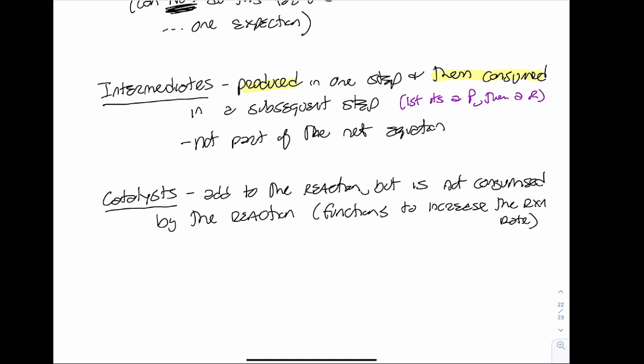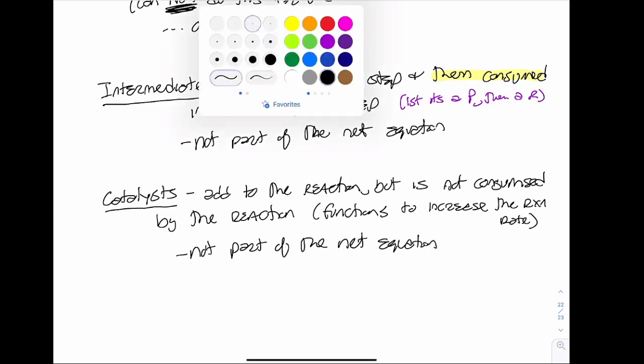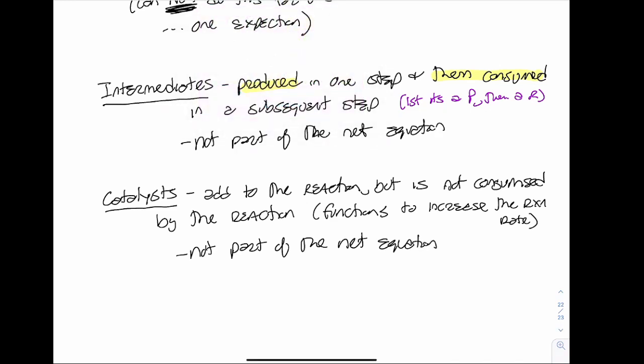Because we're putting it in and getting it back out, it does cancel, so it's not part of the net equation or overall equation. This one, just be careful, it's the opposite. It's going to be a reactant first because we're adding it, and then a product second because we're getting it back. So first a reactant, then a product. So put it in, get it back out.